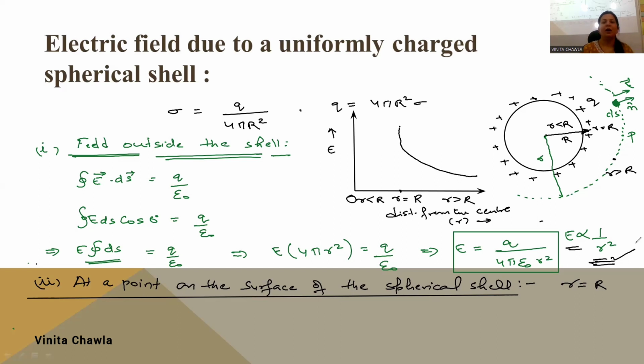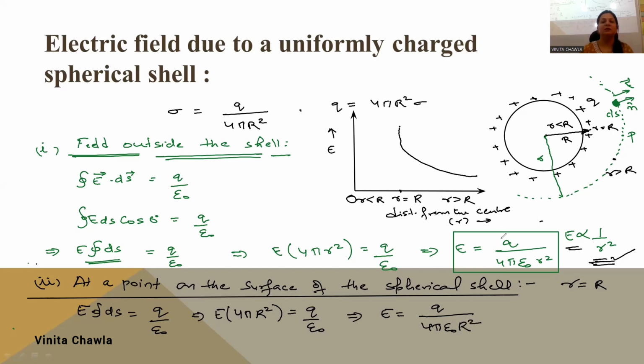Okay, and so the electric field intensity becomes, tell me, E closed integral of ds is equal to q upon epsilon naught. So the closed integral of ds this time is 4 pi capital R square, equal to q upon epsilon naught, right? So this implies E is equal to q upon 4 pi epsilon naught R square.